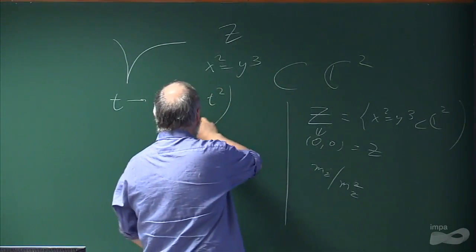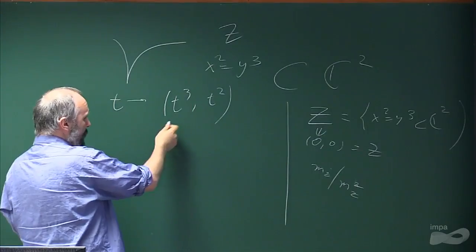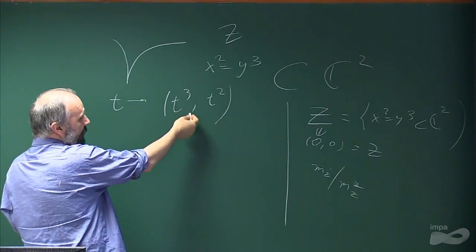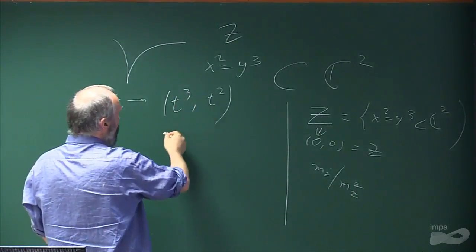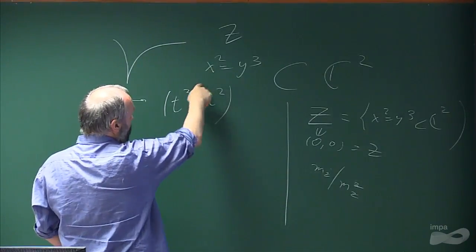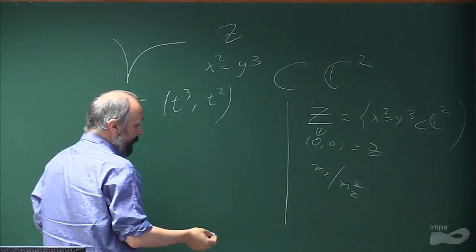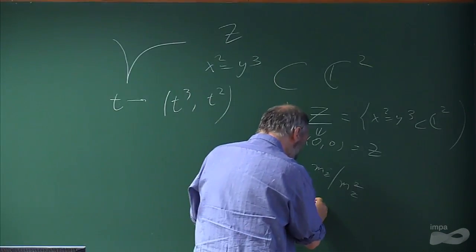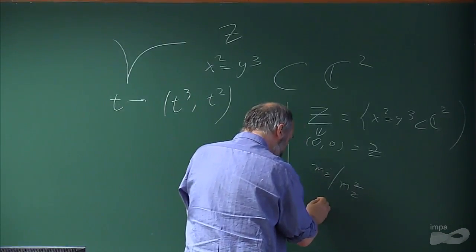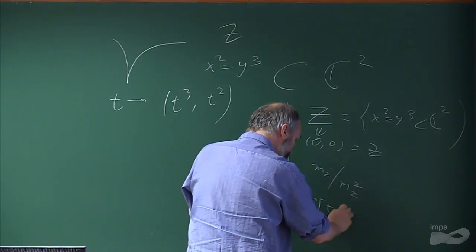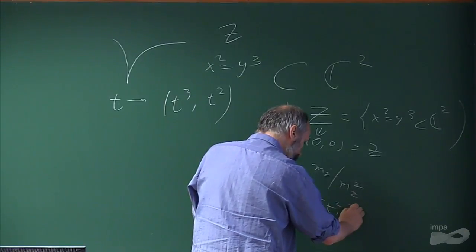Okay, so if we think of this as, I mean, all functions are generated by t and t squared, so this is the same as polynomials generated by t, t squared and t cubed.